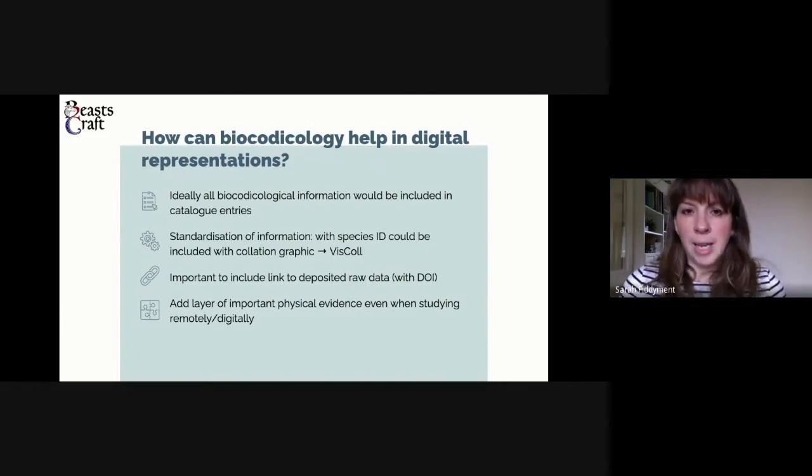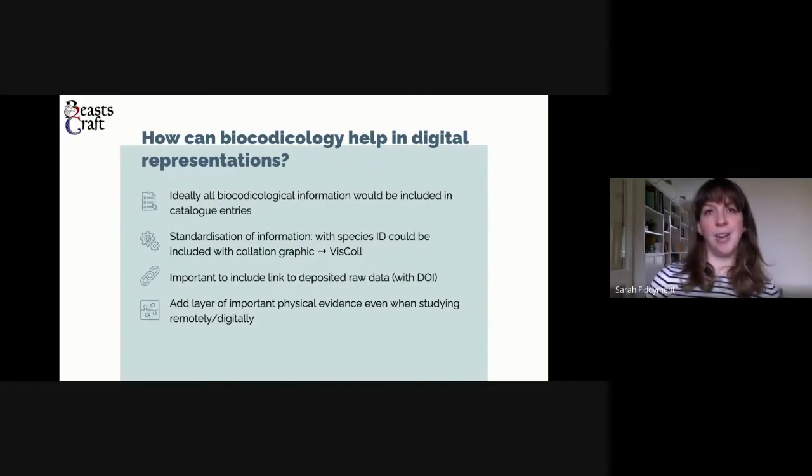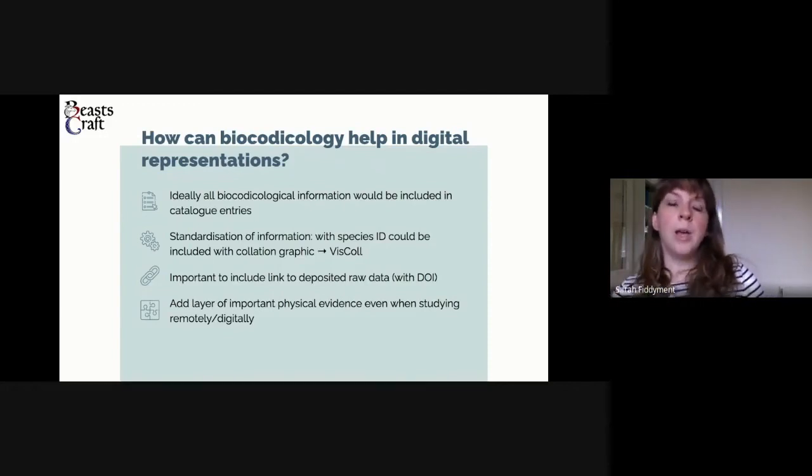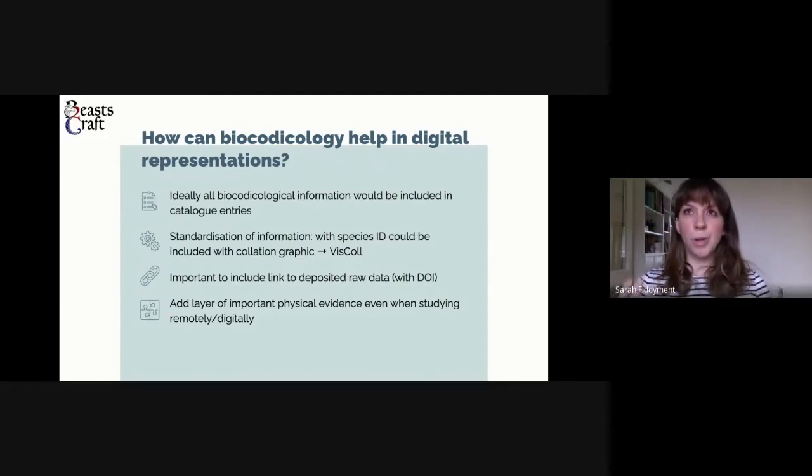In a way, what we want to add is this level of physical evidence for those people who are not able to access libraries, especially now with all the constraints we have, and also just because sometimes things are very far away and not that accessible. This can help to add that layer of physical evidence that perhaps you don't always get with a scanned or digitized copy. It helps to remind people that these books are objects.